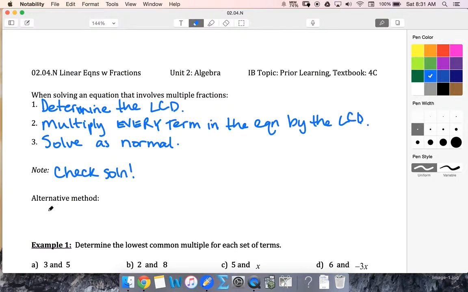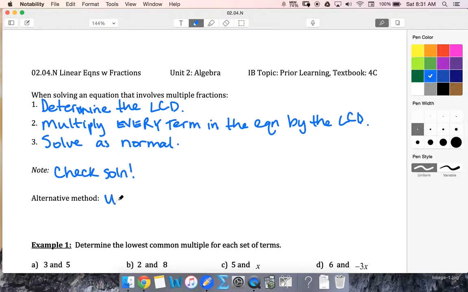The alternative method, instead of determining the LCD on both sides of the equation, I can make a common denominator on one side of the equation to collect like terms, and make a common denominator on the other side of the equation and collect like terms.